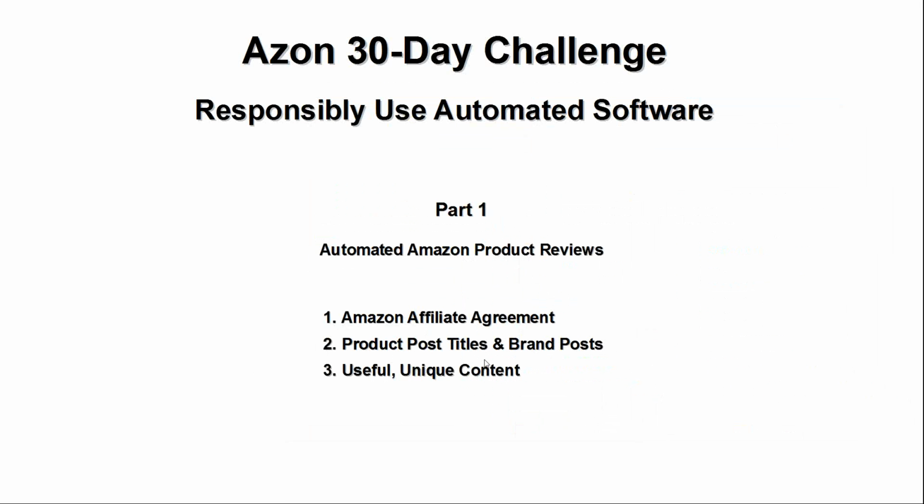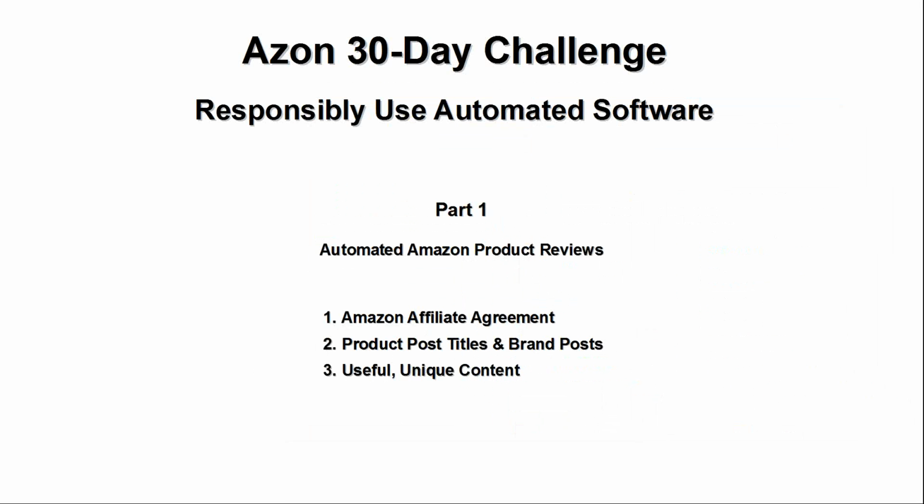I will be talking in much more detail in the A30 30-day challenge about creating these product posts and also brand posts on your website. So I would highly encourage you to still go through those lessons, even if you are planning on using some kind of automated software.